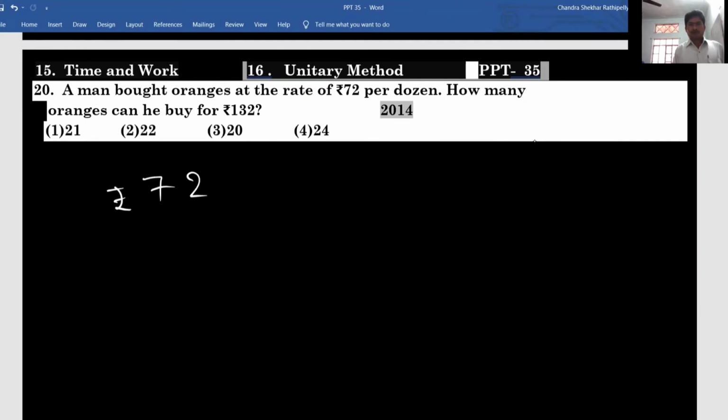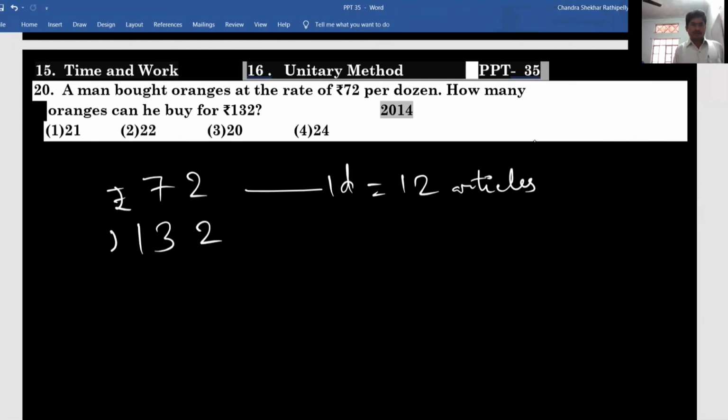Rate of 72 rupees for a dozen. 1 dozen means 12 articles. So how many oranges can he buy for 132 rupees?